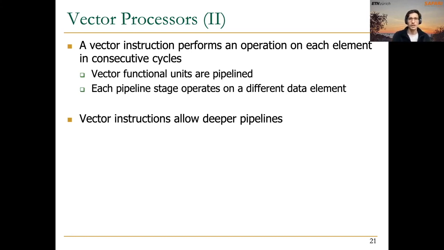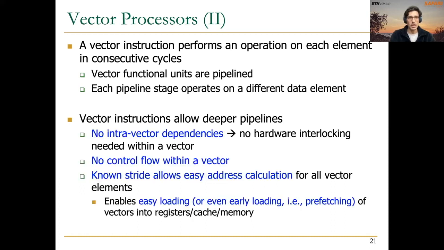Until now, we have been talking about simple examples with 4 processing elements, for example, or 6 processing elements. We will usually have more. Typically in GPUs, we talk about 32 processing elements. That's going to be the typical vector length in GPUs, as we will see. So this long vector length allows us to create deeper pipelines, because there are several advantages here.